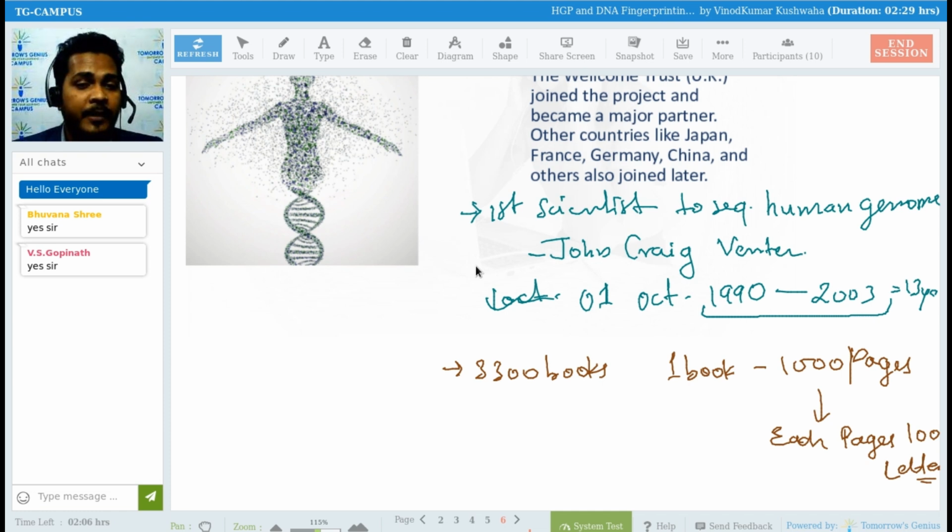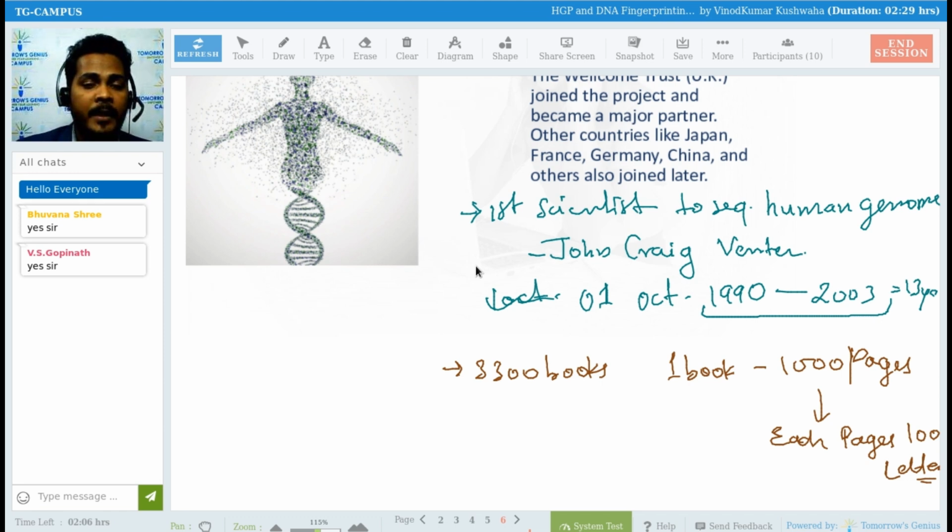However, high speed computational devices, because in 1990 everyone knew about the computer, right? High speed computational devices for storage, retrieval and analysis of data made it easier. If we wrote the Human Genome Project by hand, it would require near about 3,300 books.